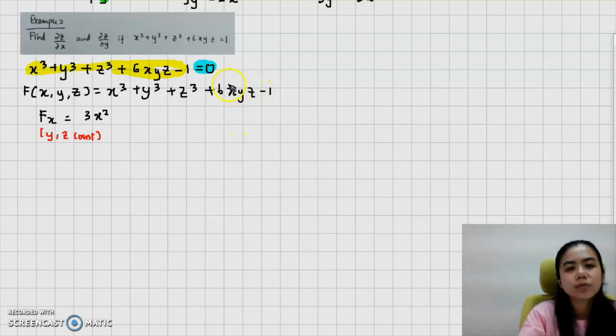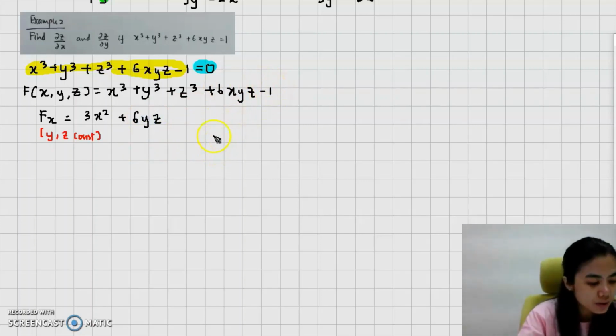Differentiating x, we get 1, so the constants remaining are y and z. So we have yz, and then this is a constant, so you have 0. Let's go for the next.